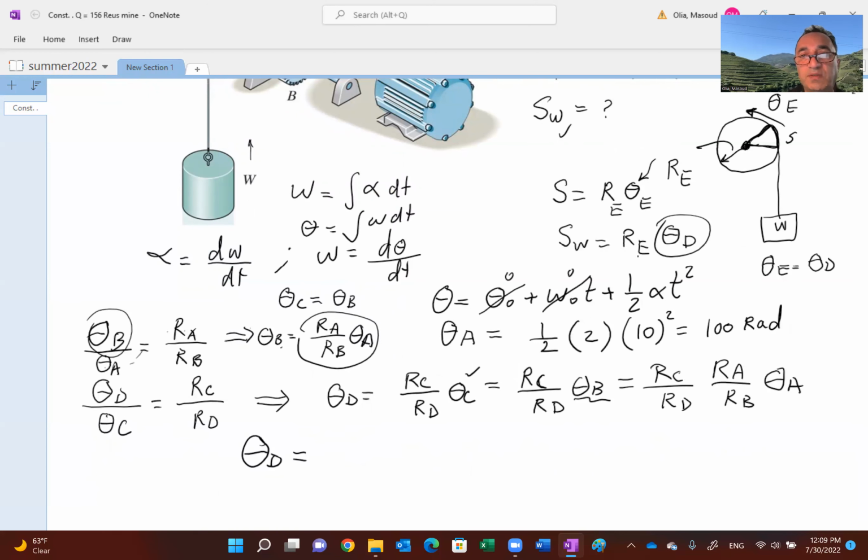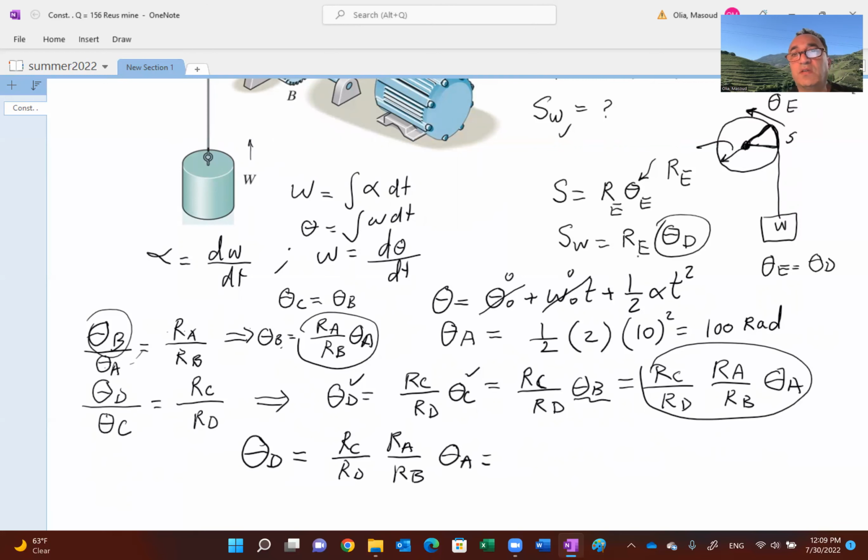Theta sub D is equal to RC over RD, and remember, all the radii are given for the different gears, times RA over RB, times theta A. And I know what theta A is. I calculated theta A for you here, 100 radians.